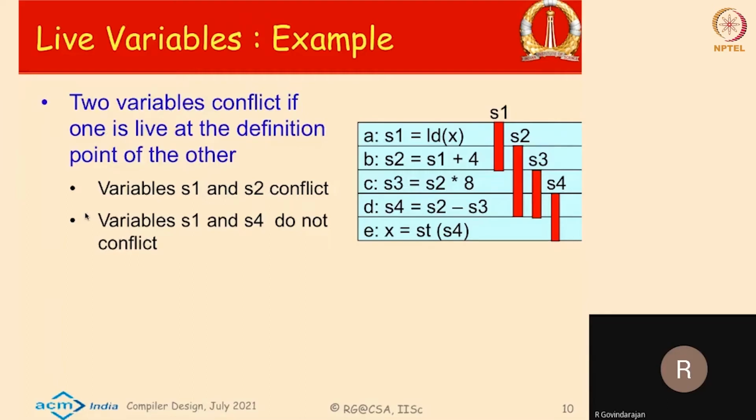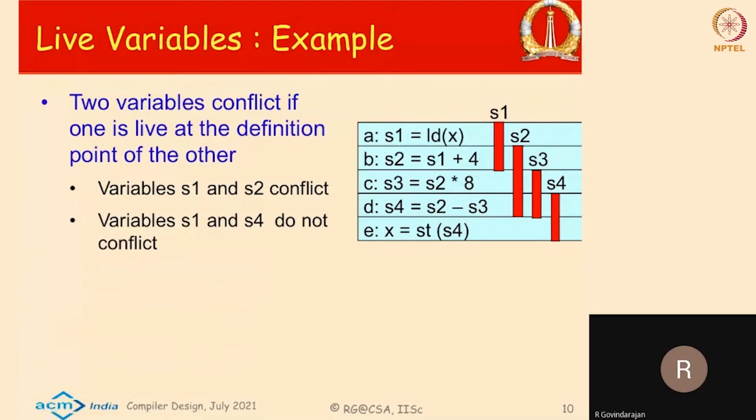Okay, so in this particular example, variable S1 is live when S2 is being defined. Therefore, S1 and S2 conflict with each other. Similarly, variable S2 is live when S3 is being defined, and therefore S2 and S3 conflict with each other, and so on and so forth.